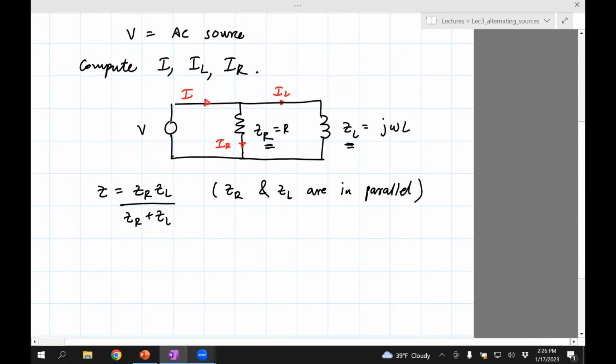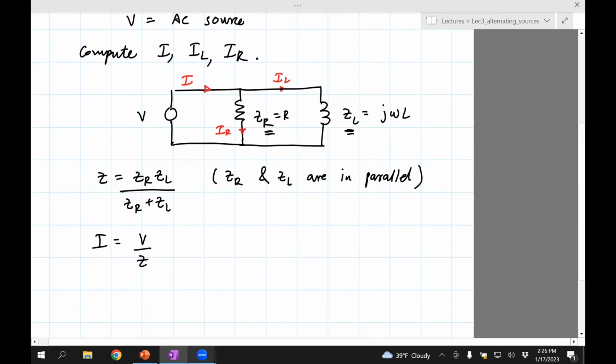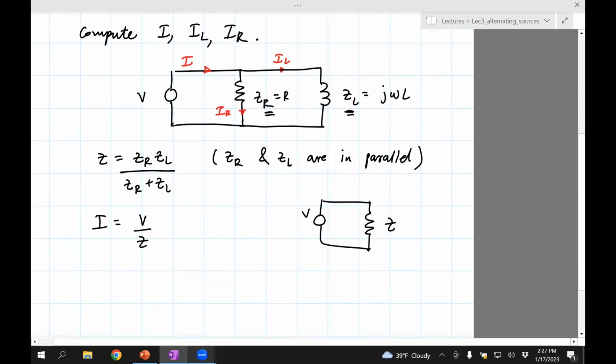Okay, so once we have that, we can compute I. I is nothing but V divided by Z, because we've reduced the circuit to something like this. This is I, and so this is going to be V divided by ZR ZL over ZR plus ZL.